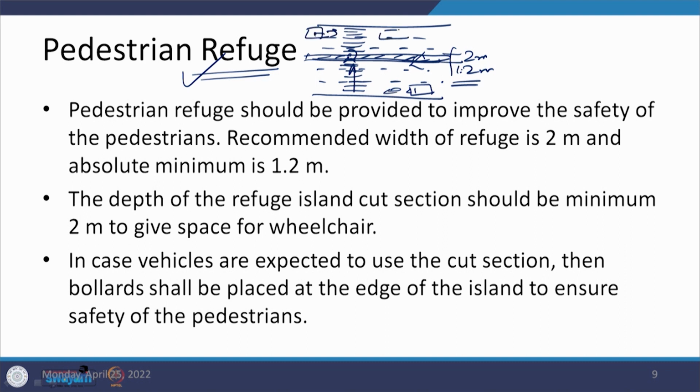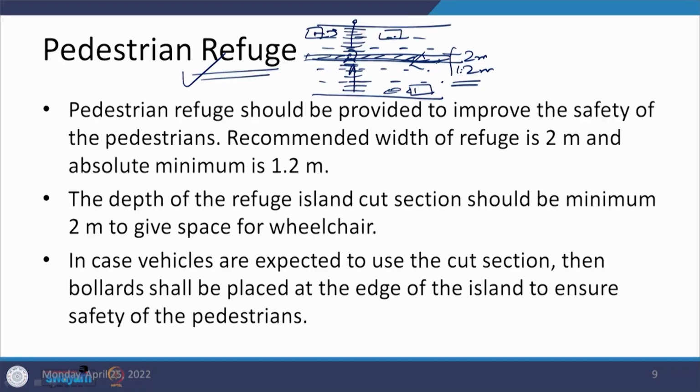As soon as the vehicle moves away, then this pedestrian will start crossing, depending on the volume of vehicles on this particular road and whether the pedestrian is getting a gap or not to cross to the other side. Now, this is one way of doing it, but when you have this median which is raised in nature, then it becomes difficult for differently abled people to cross at this location.